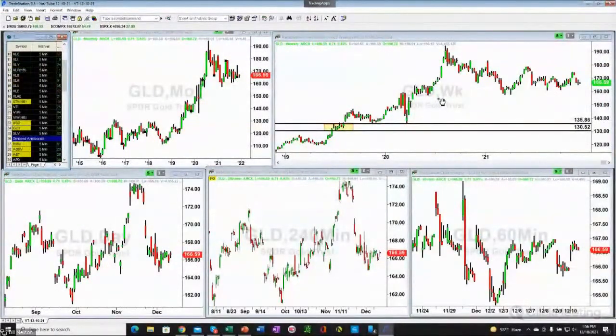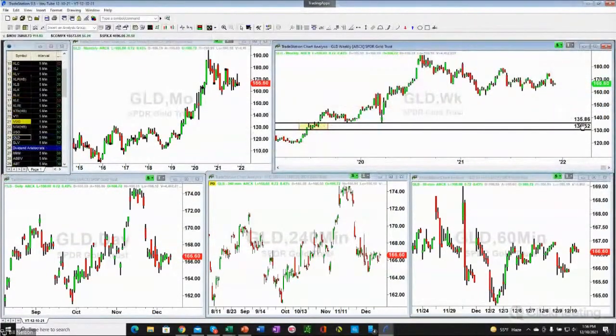So GLD is one of the ETFs that is most directly related to the spot price of gold. And again, we'd be seeing an opportunity here at 135.86 to 130.52. Gold and the commodities could be an area where you could be interested in trading futures as a hedge. And instead of selling to open, maybe potentially buying to open a position.